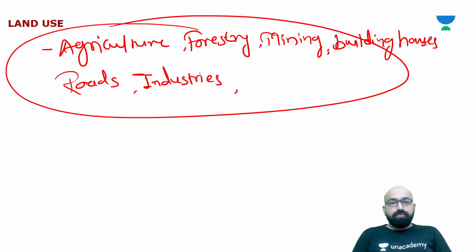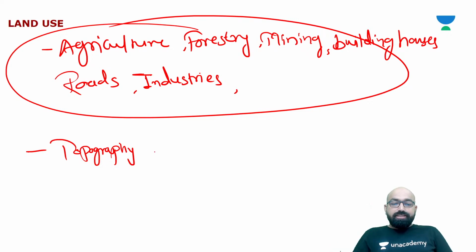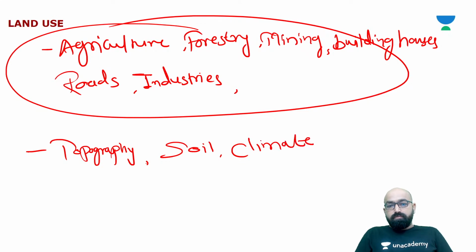Now, friends, the use of land is determined by physical factors such as topography, soil, climate, minerals, and availability of water.